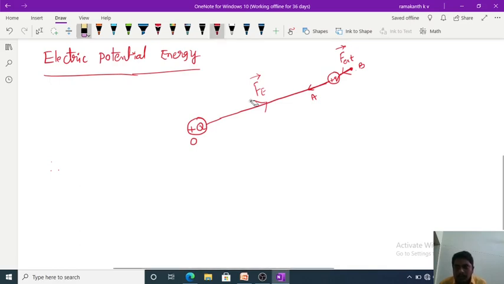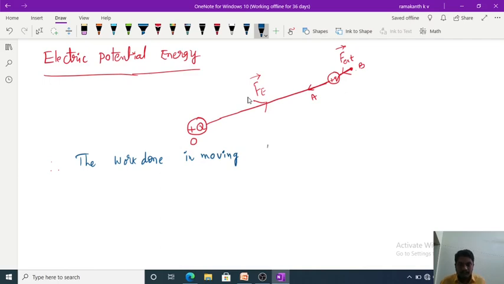The work done in moving a test charge, a charge plus q, from B to A is given by the definition of work.